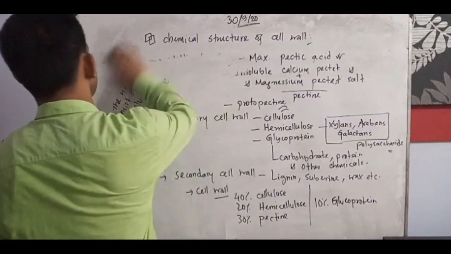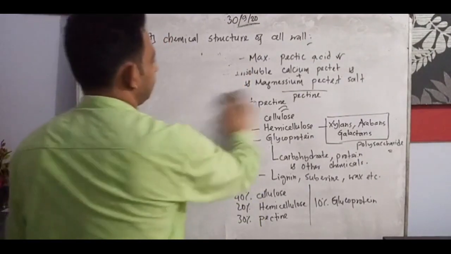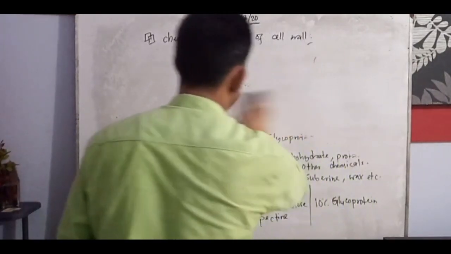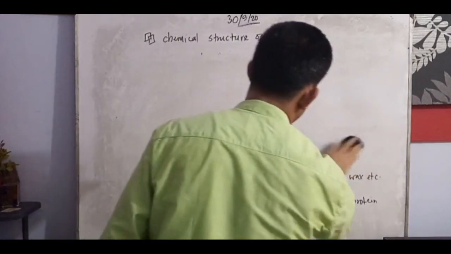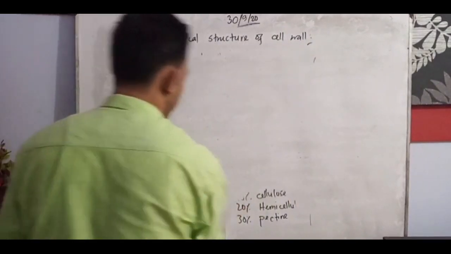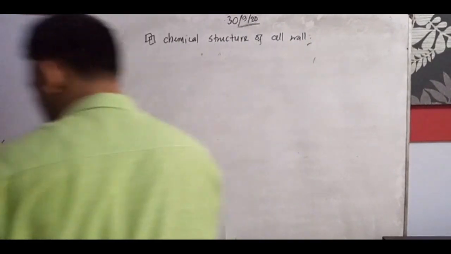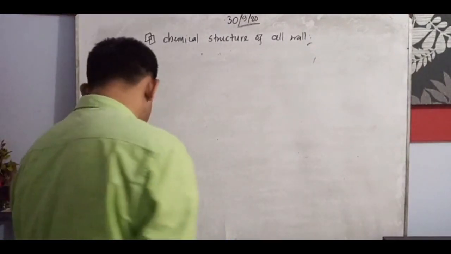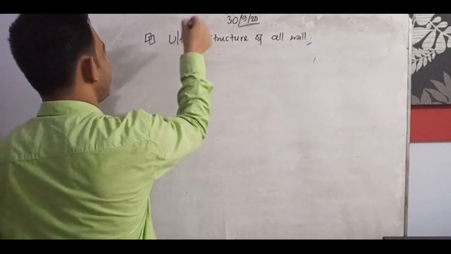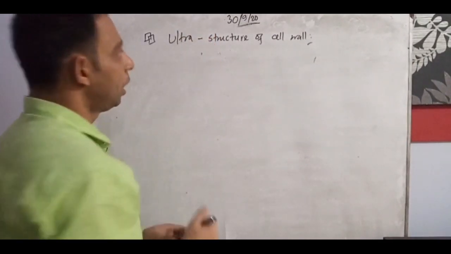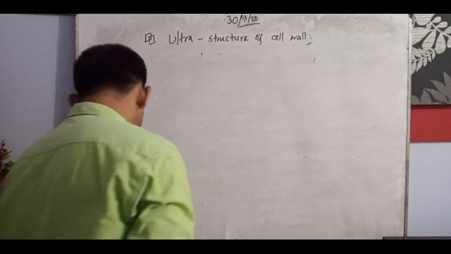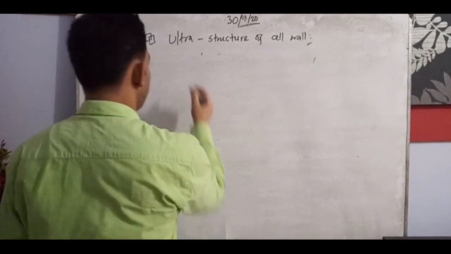Ultrastructure, chemical structure, physical structure, all of them are important for understanding the specific parts individually. So in any case, a question can be asked. Now the ultrastructure of the cell wall.